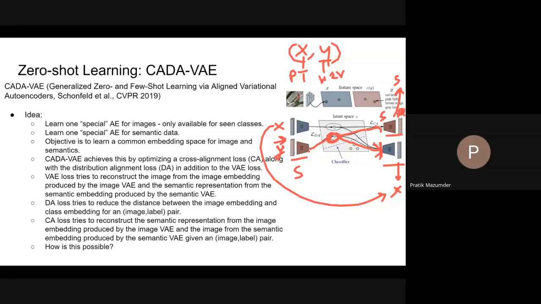Sir, one question. We are using two encoders and two decoders, right? For our assumed problem, only three components are enough, right, sir? Two encoders and one decoder, the bottom decoder is enough for us, right? No, but this particular encoder should learn to produce a good representation so that the semantic information can be extracted from here.